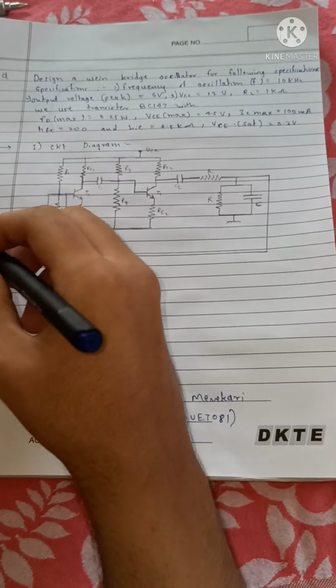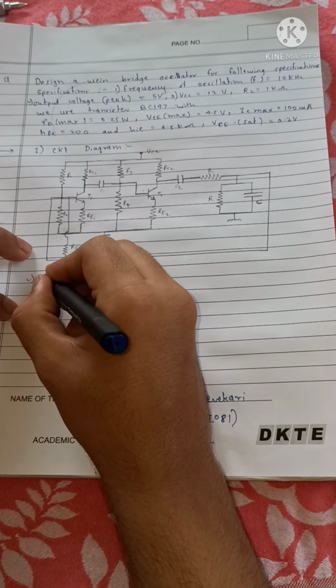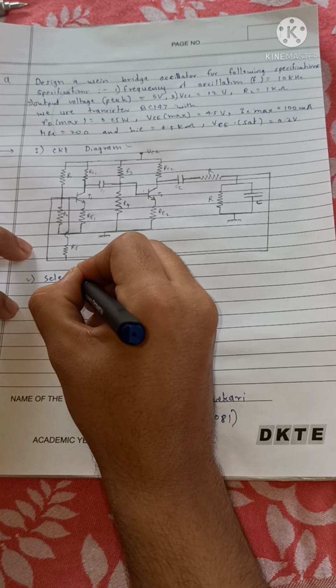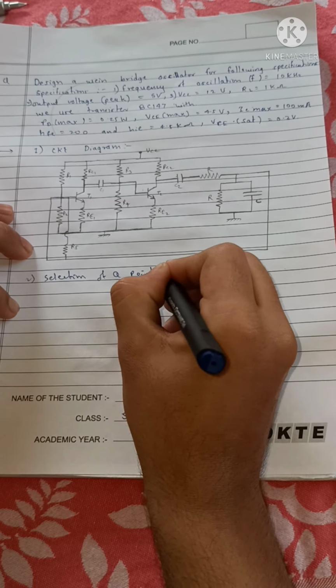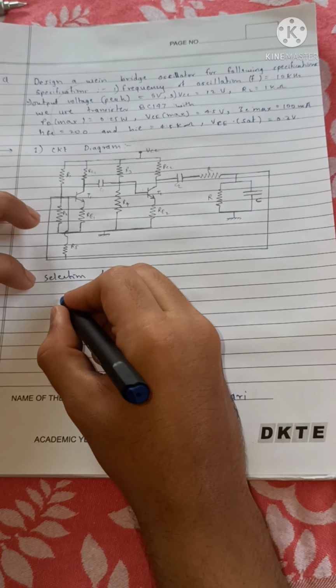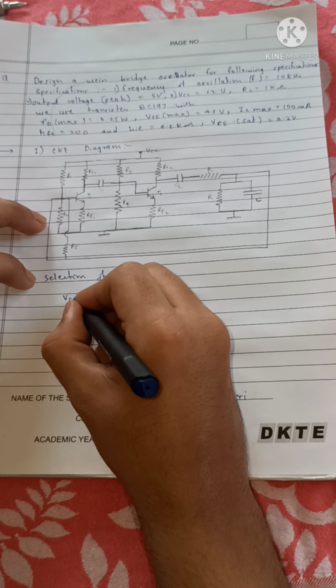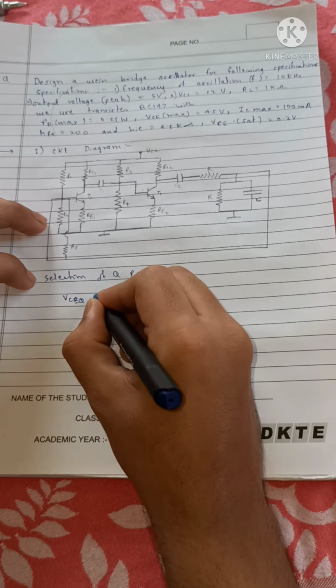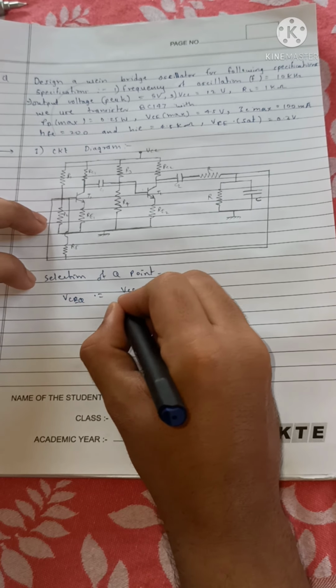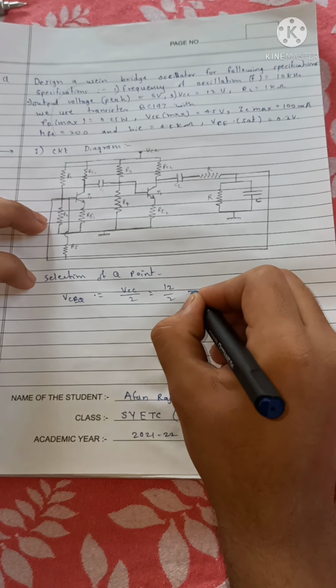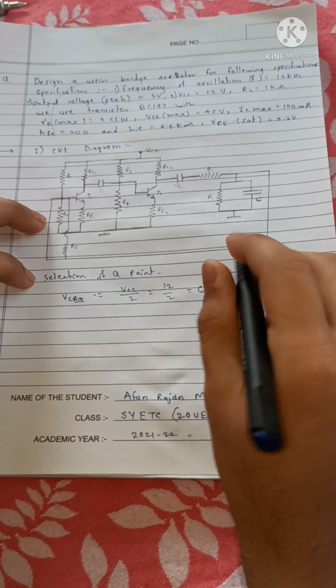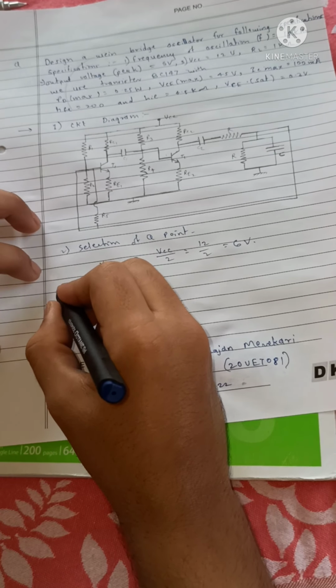At the second point, we have to do selection of Q point. In this, VCEQ is equal to VCC upon 2, which is 12 by 2, 6 volt.